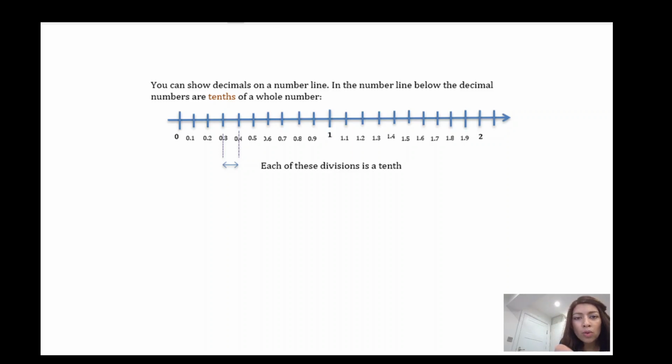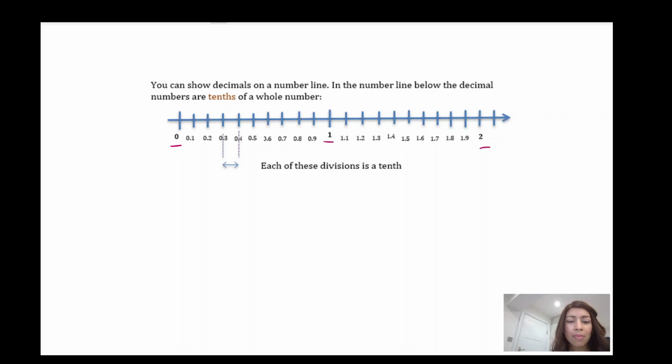So the whole numbers are 0, 1, and 2. And in between these, each of these divisions is a tenth. So between 0 and 1, there are 10 tenths. We go from 0 to 0.1, 0.2, 0.3, etc., all the way up to 1.